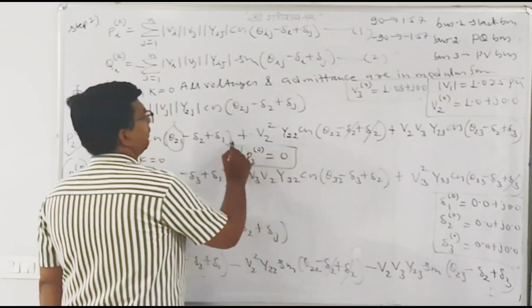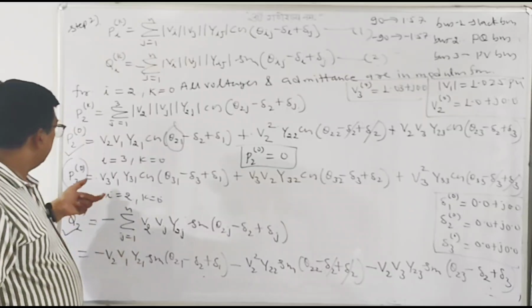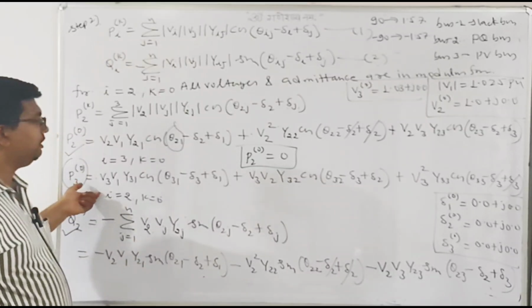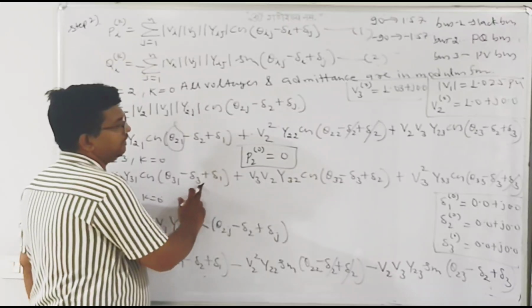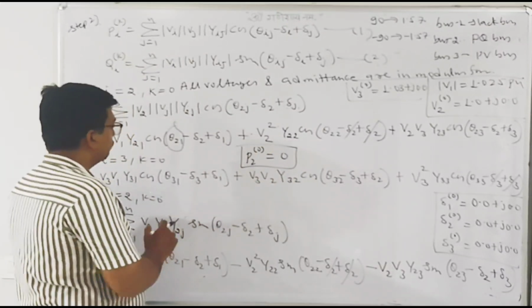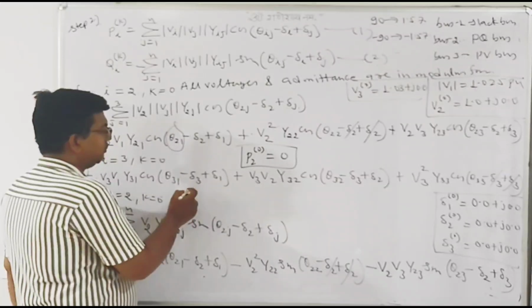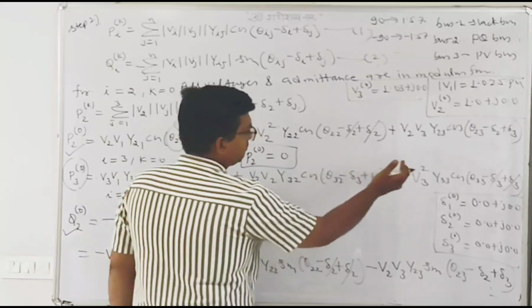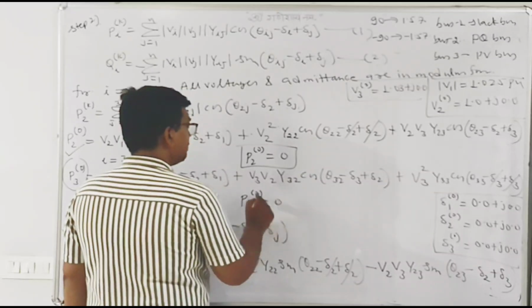This is a very important thing: without any calculation we can write it here. Now similarly, what is P3? Again delta 1, delta 2 and delta 3 are all initially 0, so this also becomes the cosine of theta 31, which becomes 0, 0, 0. So finally my P3(0) is also 0.